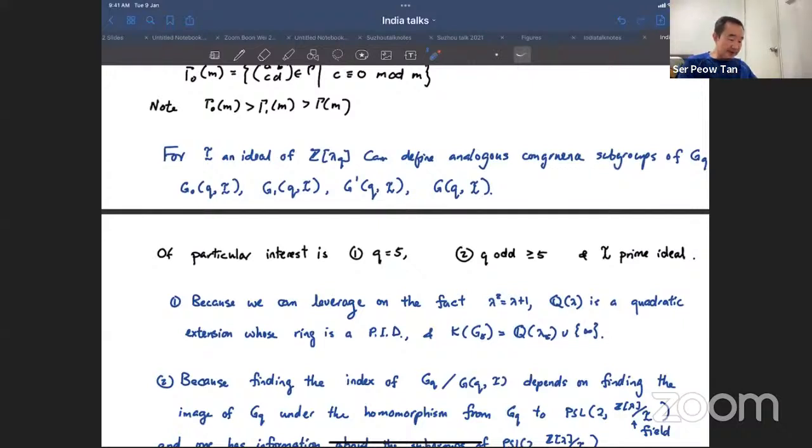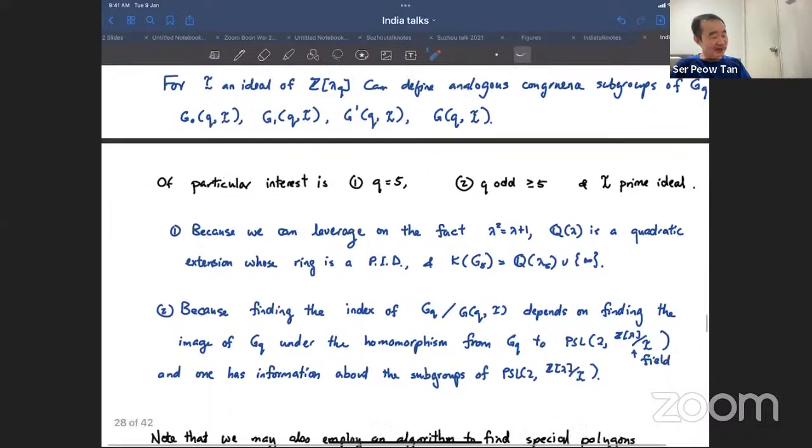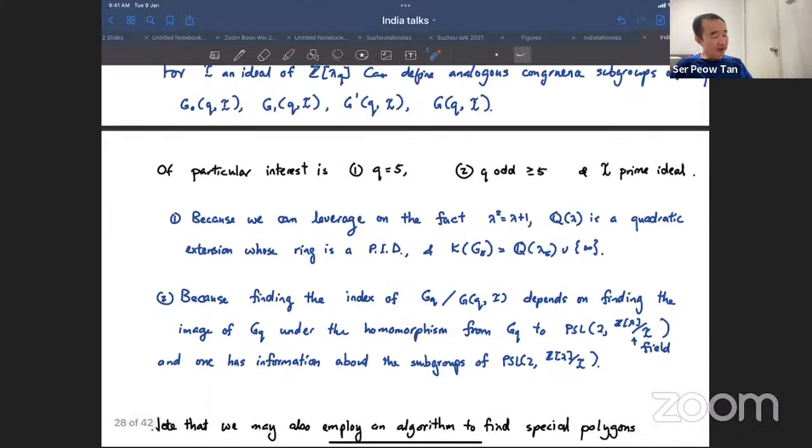Why I say it's of particular interest is because we can actually do something in both of these cases. If I is not a prime ideal and Q is bigger than 5, I guess we can't do anything for now. So why are these two cases interesting?